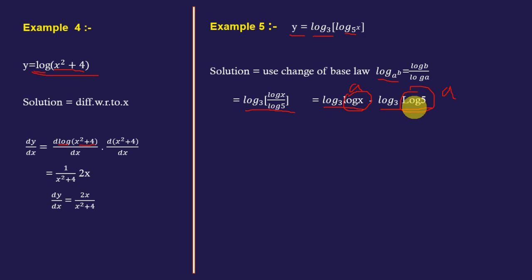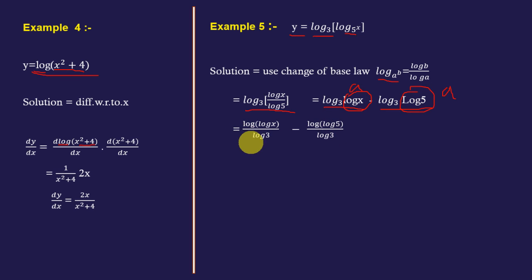Here also log a upon log 3, and a means log 5, so log of log 5 divided by log 3. So we get log of log x divided by log 3 minus log of log 5 divided by log 3.